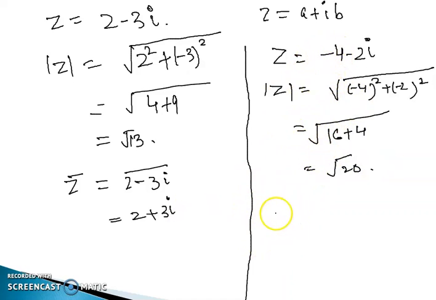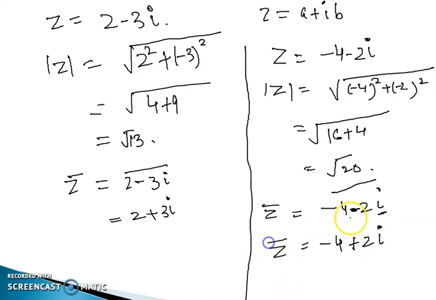Then for the same z we are finding the conjugate. It is the conjugate of minus 4 minus 2 iota. Minus 4 is real, so it is as it is. Iota we will change to minus iota, we will change the sign. If a minus sign is there, it will be plus. If a plus sign is there, it will be minus. So this is z conjugate.